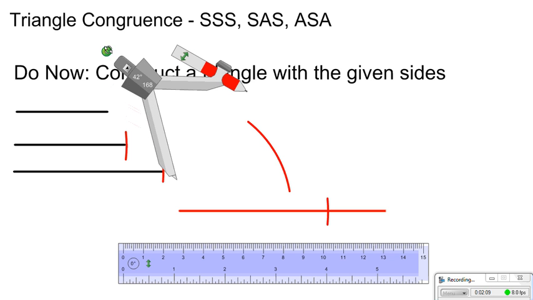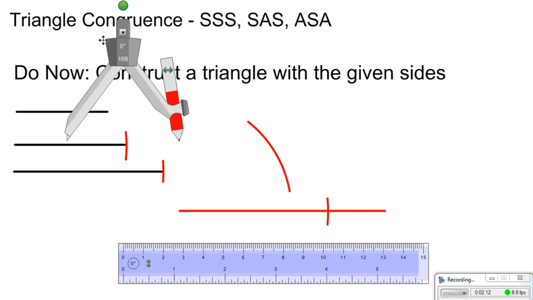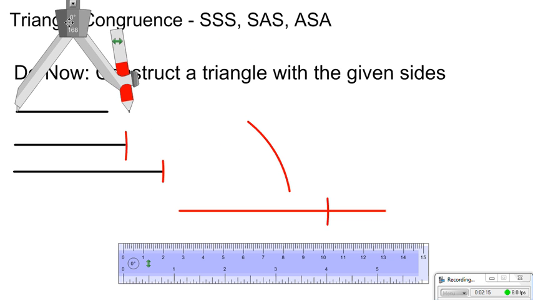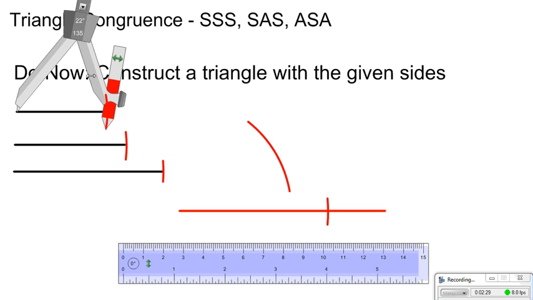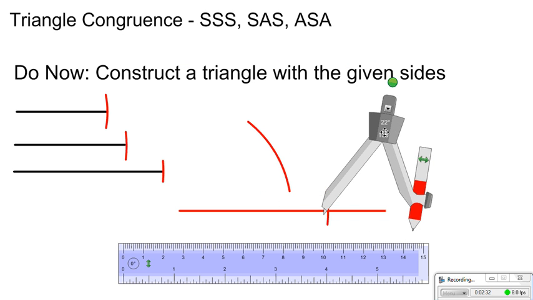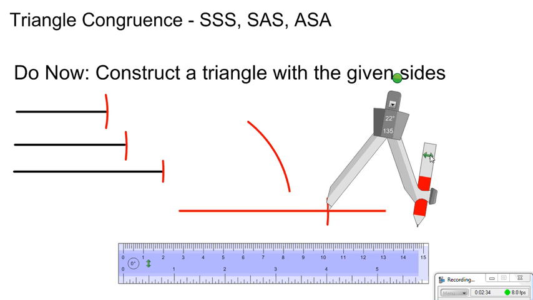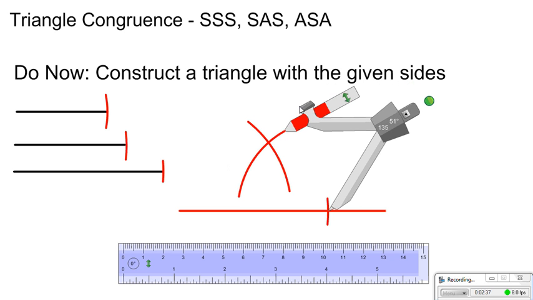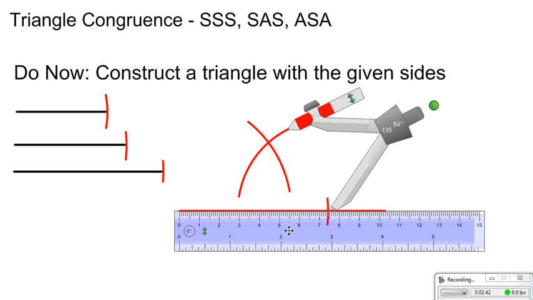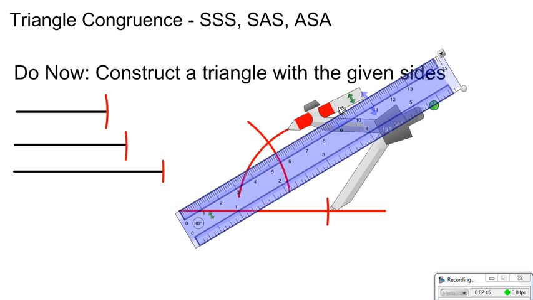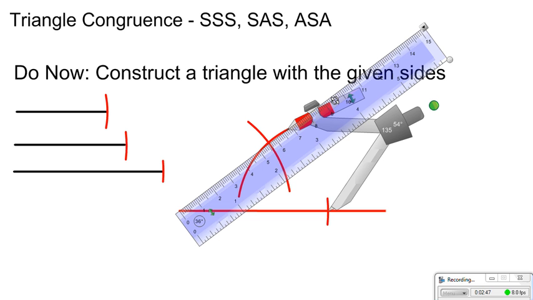Now, thirdly, I'm going to look at the third side here. By copying the line segment, you can realize that there must be an intersection, meaning that should be the vertex of our third point.